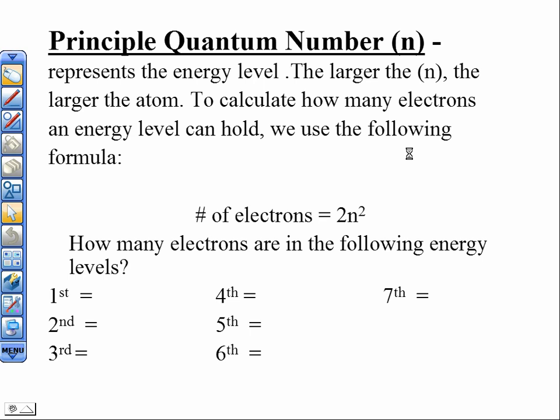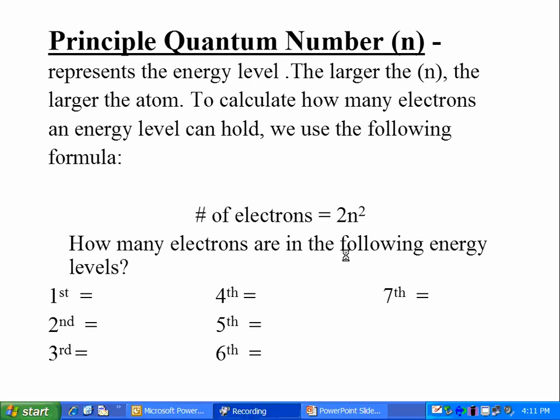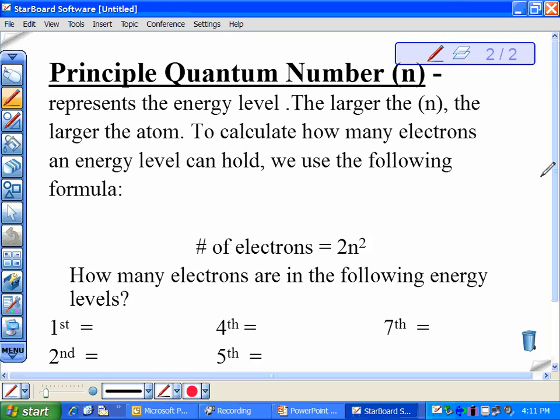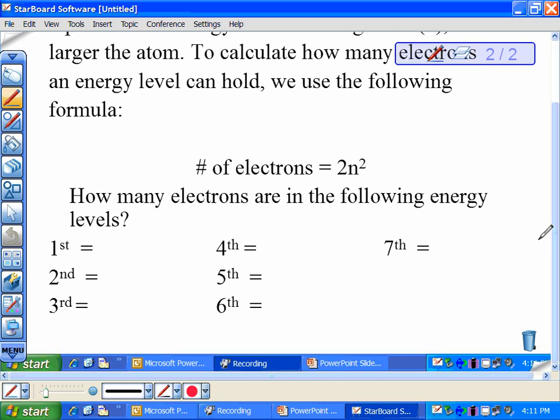The principal quantum number is basically the energy level, and to figure out how many electrons a certain energy level can hold, you basically use this formula, 2n squared. And 7 is the biggest that we're going to get for energy levels, so in order to figure out how many electrons each energy level can hold, you replace the n, which is the principal quantum number, with the energy level.